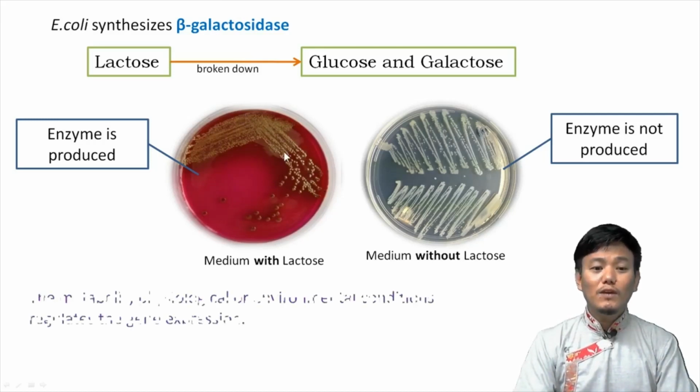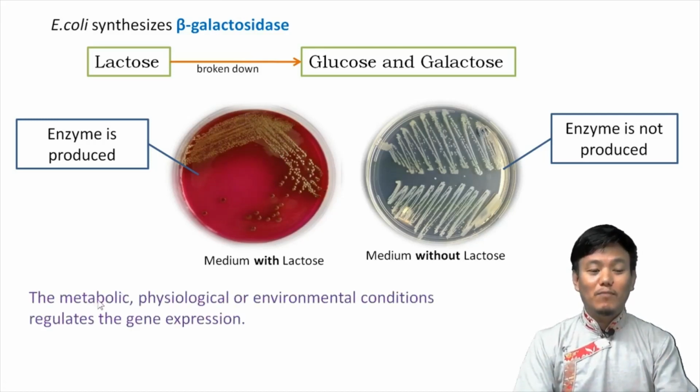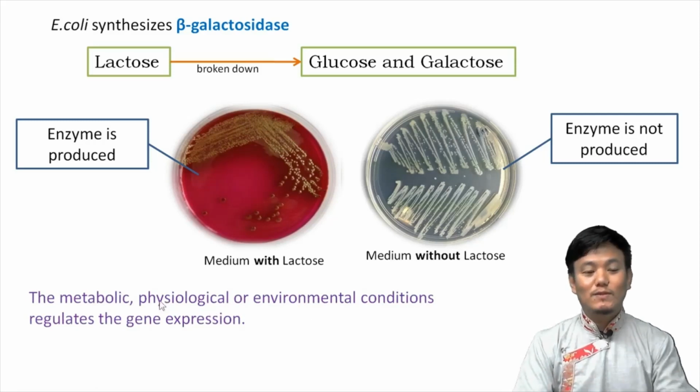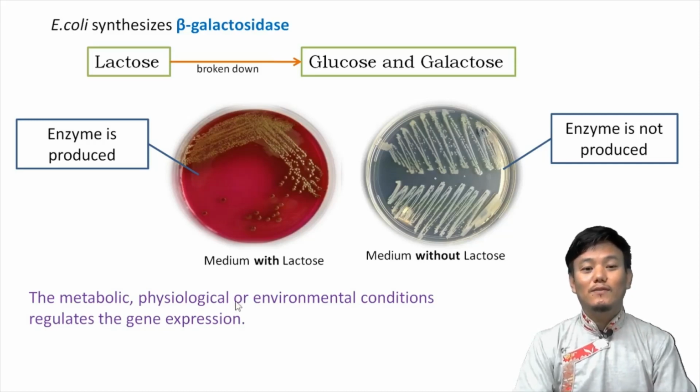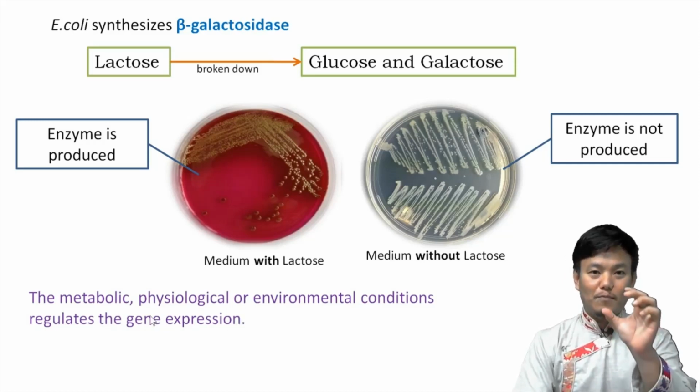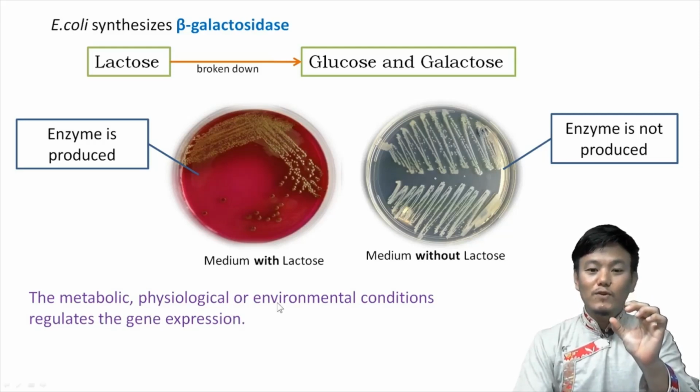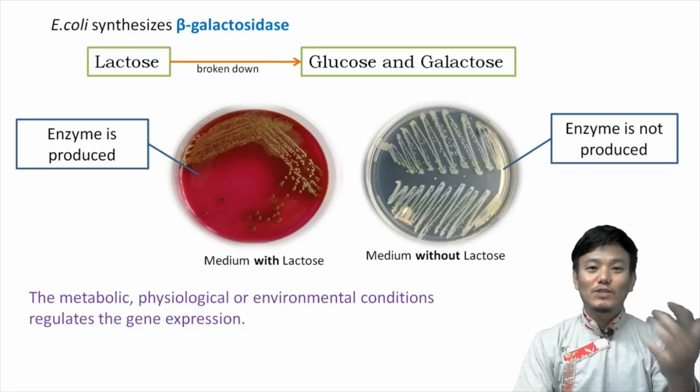So over here we can clearly see that the metabolic, physiological, or environmental conditions of the cell regulate the gene expression within the cell. A particular E. coli bacteria, under the influence of the environmental conditions, can regulate its gene expression.